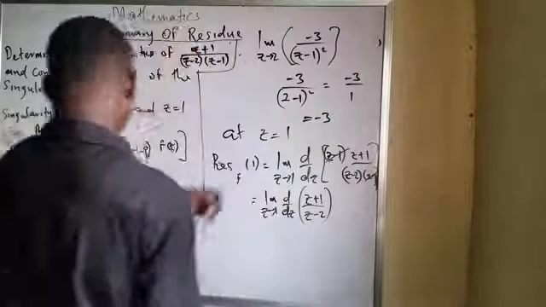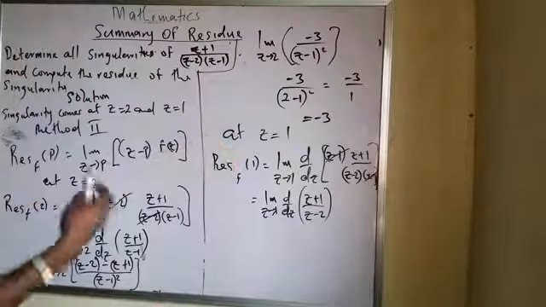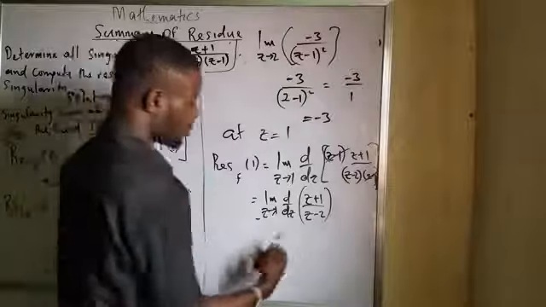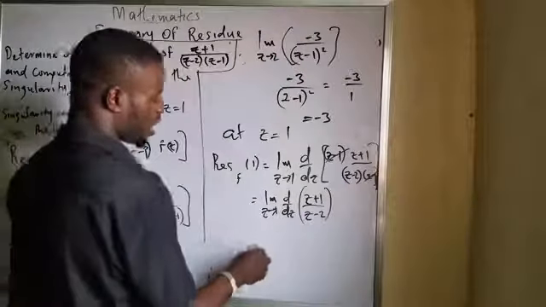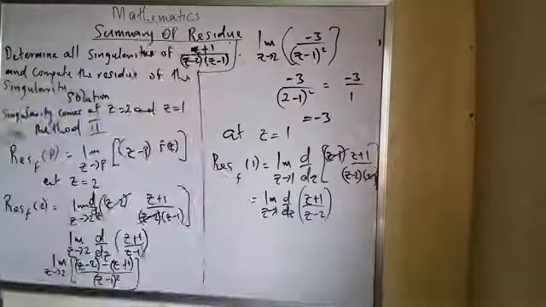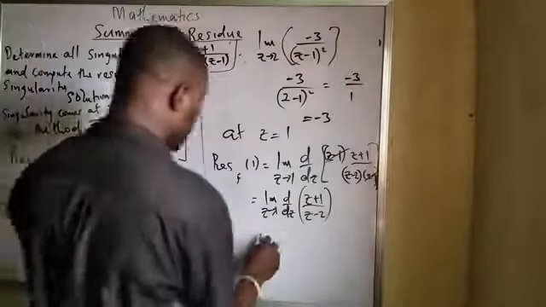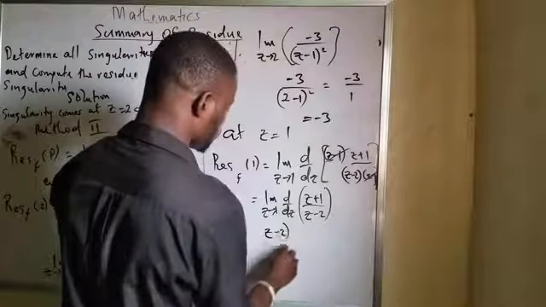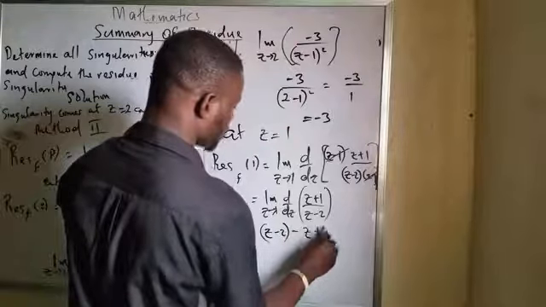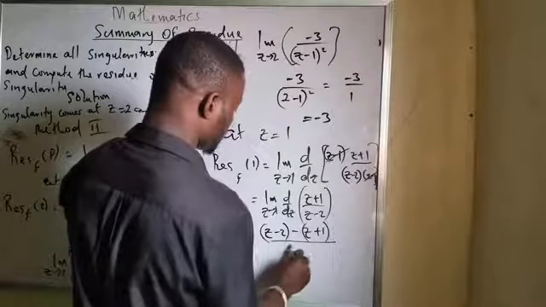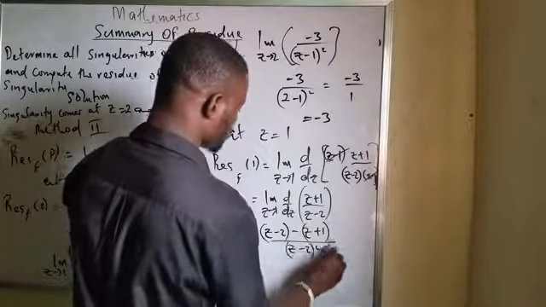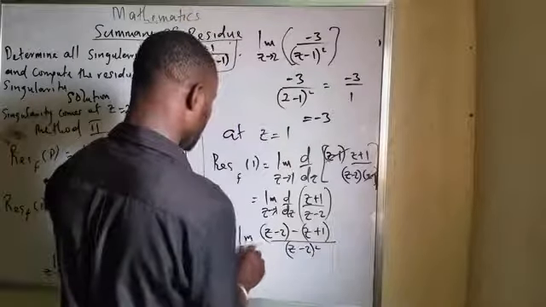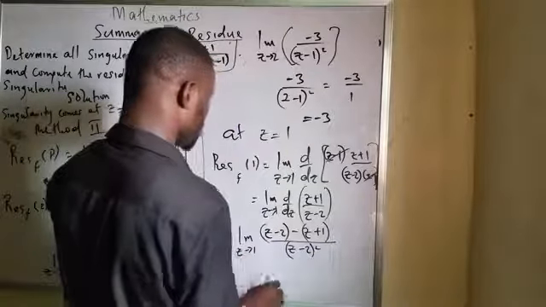Now, differentiate also. Sorry for that mistake that I did not follow the step. What am I going to have then? I'll have (z minus 2) minus (z plus 1) divided by (z minus 2) all squared. We are talking about a limit at this point to 1.